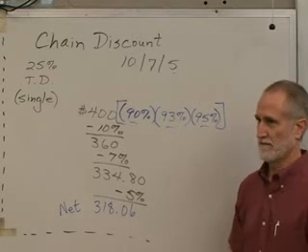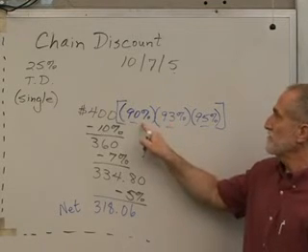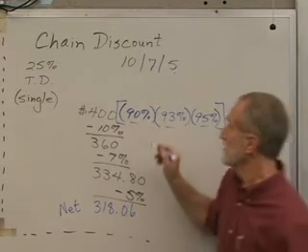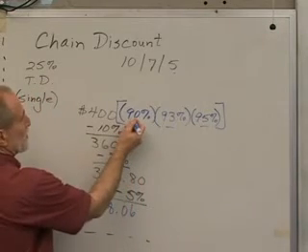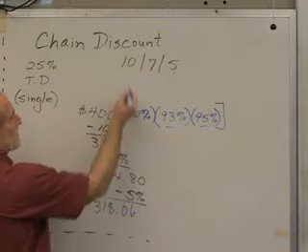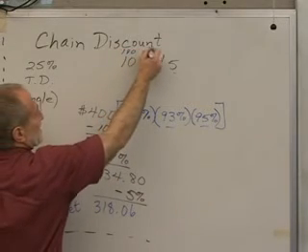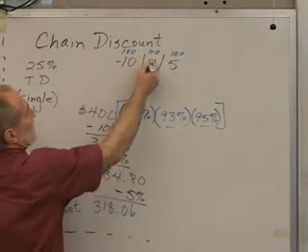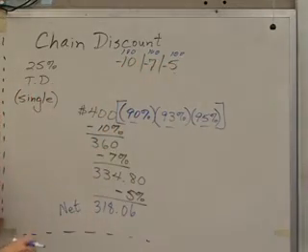Now, when we do that, we have to use the decimal equivalents. Here's what we do basically when we see a chain discount. We subtract each one of those from 100% and we express it as a decimal.